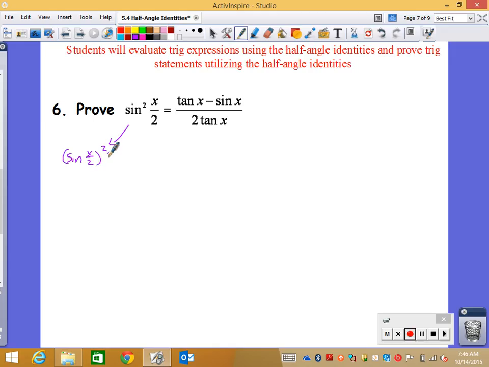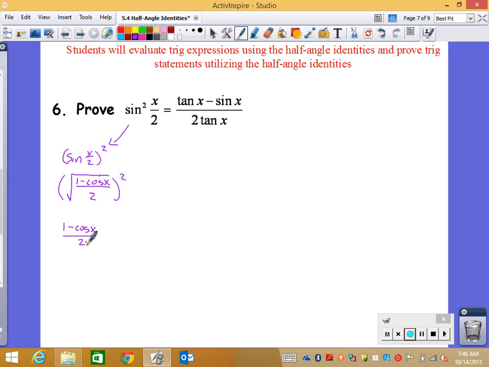So let's write my sine half angle identity. Well, that's just going to be the square root of 1 minus cosine of x all over 2, squared. So my square and my square root here cancel. So my left hand side is equal to 1 minus cosine x over 2. That's my left hand side.